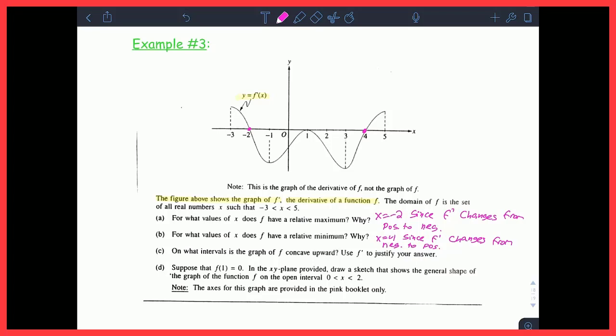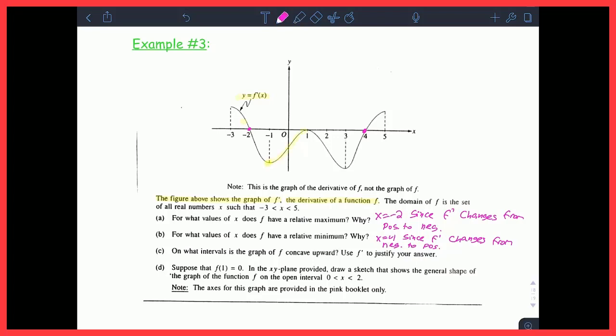C: on what intervals is the graph of f concave upwards? Use f prime to justify your answer. Well, remember, concave up is basically positive second derivative, and I have the first derivative in front of me. So positive second derivative will be where the first derivative increases. I'm not increasing at -3. I'm not increasing until I get here, -1, and I will increase all the way to 1.